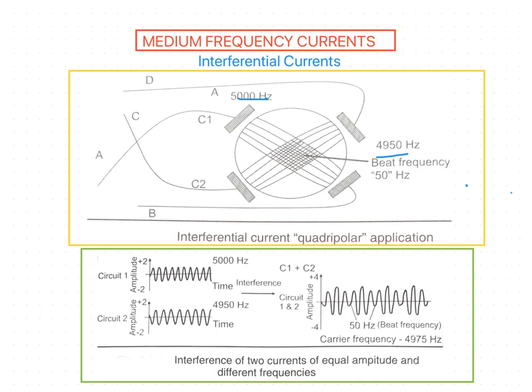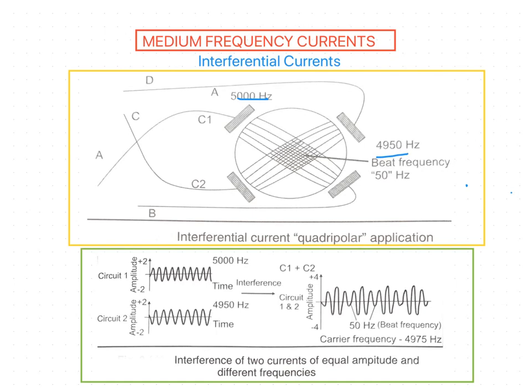These currents will intersect deep in the tissues. The current reinforces in the central region of intersection to produce a stimulus waveform that is sinusoidally modulated at a frequency equal to the difference between the two alternating frequencies, called the beat frequency.